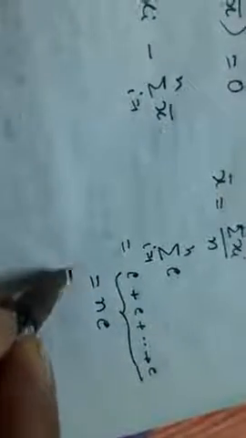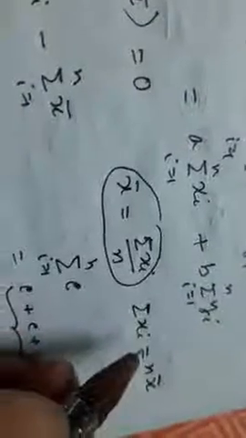One thing I must show you: if any constant c is summed over i equals 1 to n, we get c plus c plus c, with c for each of n terms, so it will be n times c. Similarly, summation of x bar, i equals 1 to n, since x bar does not depend on i, is a constant, so it will be n times x bar.